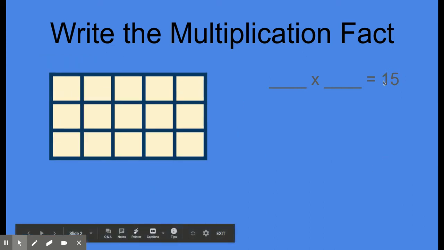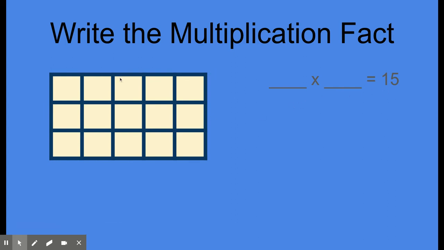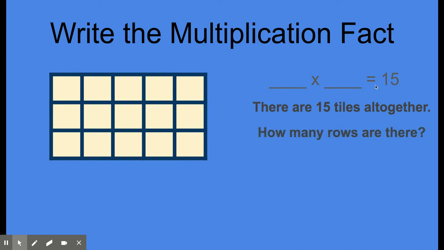So right now, this 15 as the product on the multiplication fact tells us that there are 15 tiles in this rectangle. So there are 15 tiles altogether. So how many rows are there? Remember, rows are kind of like the cushions on your couch. They go across. So 1 row, 2 rows, 3 rows.